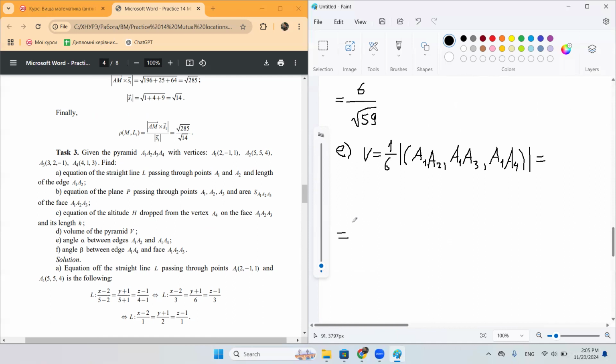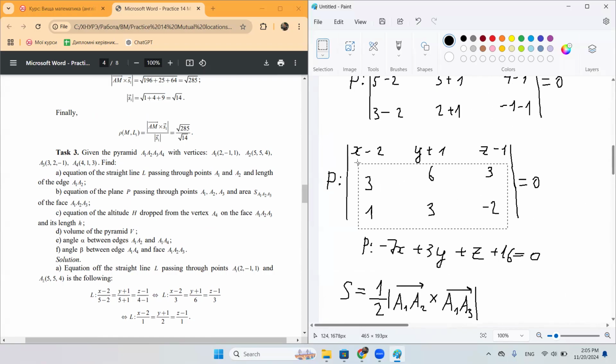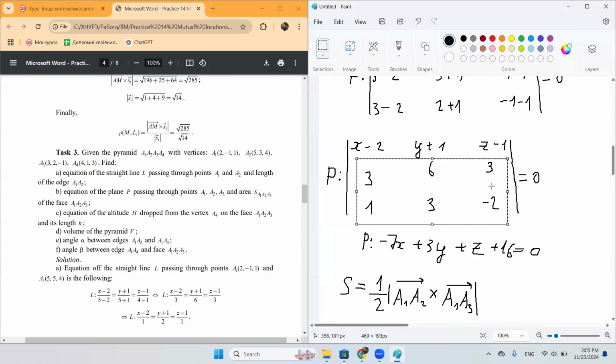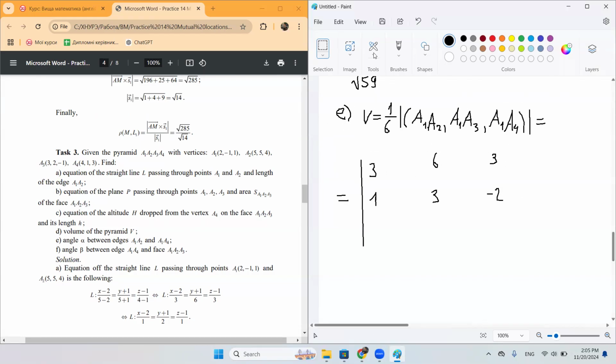So, okay, let me copy and paste these values. And then, so 4 minus 2, so 2, 1 plus 1, 2, so 3 minus 1, so 2, 2, and 2.